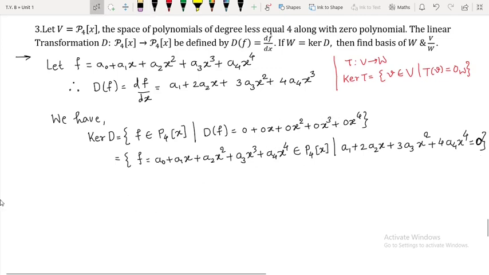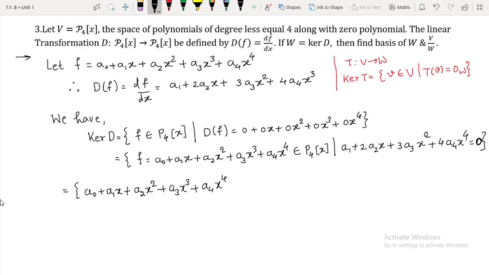Which is further equal to, now I will write it here due to space problem; in the examination, remember, you write it one below the other. So this is equal to, now I will remove this notation f, only a0 plus a1x plus a2x square plus a3x cube plus a4x raised to 4, such that, now simply compare this polynomial and this, so equate the coefficients.